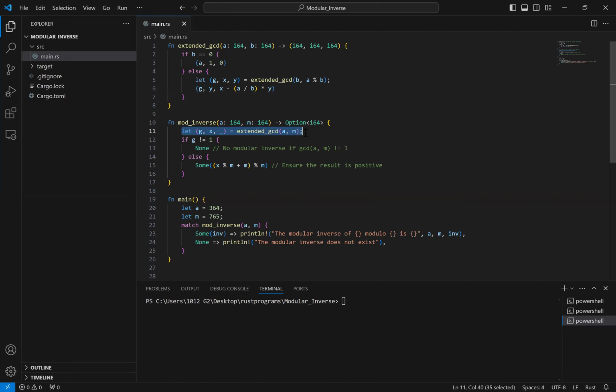What it's saying is what we just obtained here. Referring to that, let GCD and x be the values from here. And then the GCD function was the GCD of m.